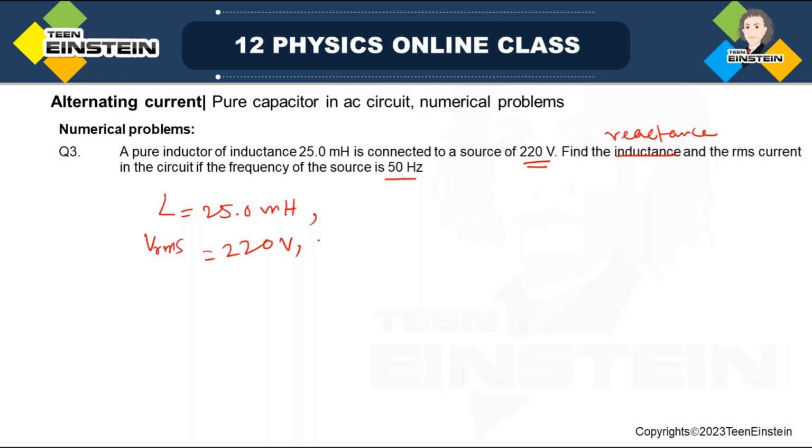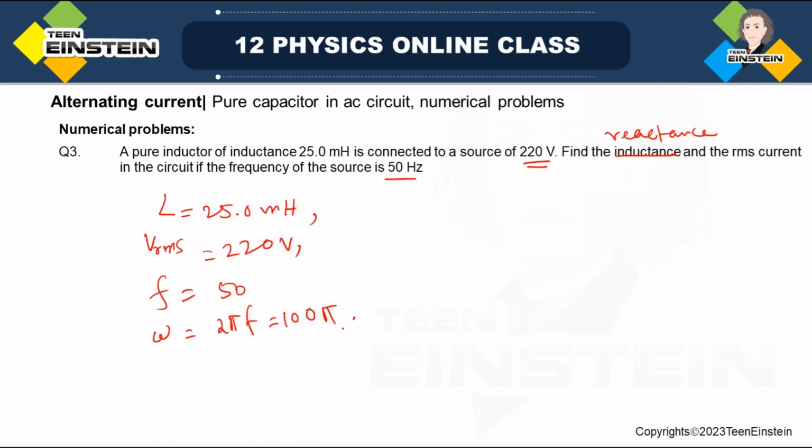Okay, so we have L equal to 25 millihenry, VRMS 220 volt, and see, the frequency given in hertz is the linear frequency f, so omega is 2 pi f, that means 100 pi.